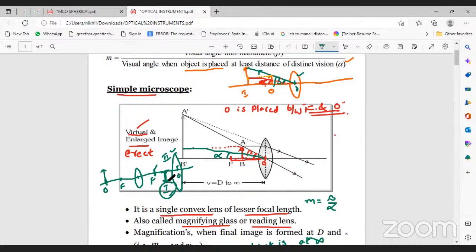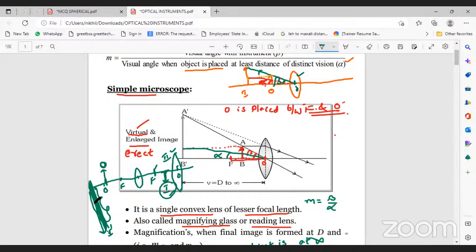So the virtual image should lie on the same side, that is going to form here. So this is the final image I'm talking about. It is very, very enlarged, but with respect to the object, it is not erect, it is an inverted one. You got my point?